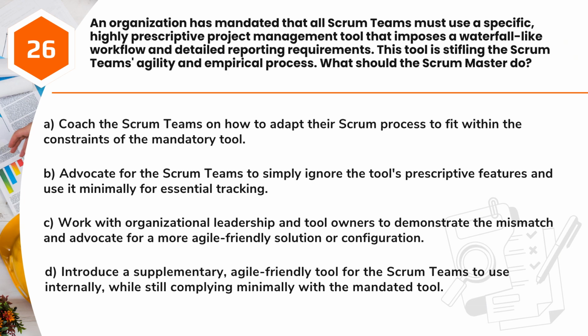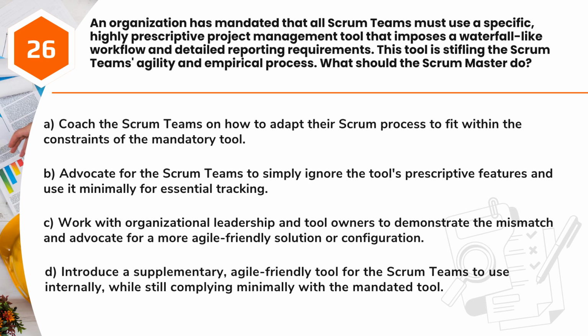Question 26. An organization has mandated that all Scrum teams must use a specific, highly prescriptive project management tool that imposes a waterfall-like workflow and detailed reporting requirements. This tool is stifling the Scrum team's agility and empirical process. What should the Scrum Master do? A. Coach the Scrum teams on how to adapt their Scrum process to fit within the constraints of the mandatory tool.